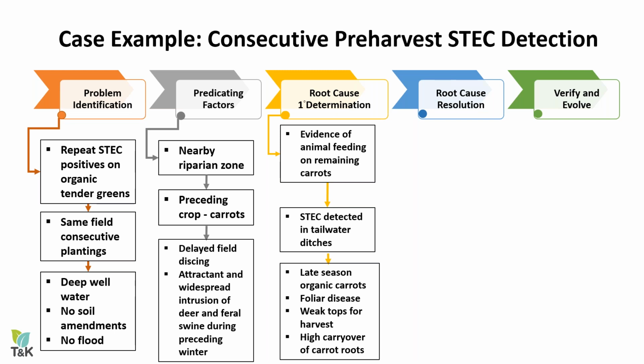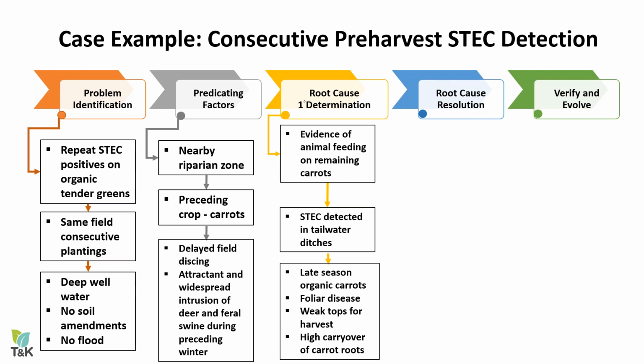And therefore, there were a number of carrot roots still in the ground on the surface, because it happened to be organic carrots. It happened to have encountered some foliar disease. Therefore, the tops were not strong enough and not abundant enough for mechanized harvest.